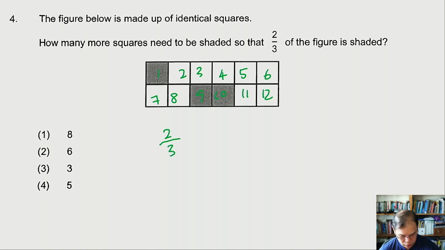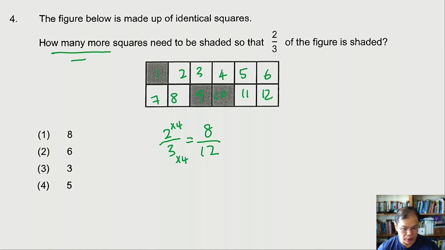If the question wants 2/3 of the figure to be shaded, let's change it into 12 parts. So 2/3 of the figure is actually 8 out of 12 parts. So it wants 8 out of 12 parts to be shaded, but the question is asking how many more squares.